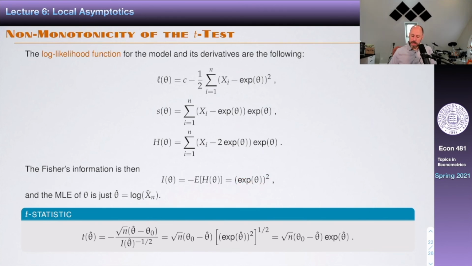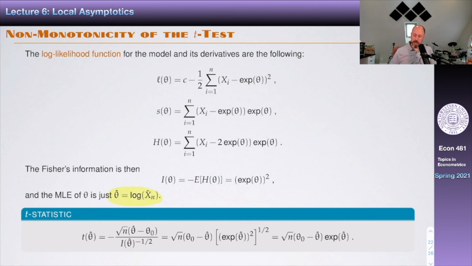And what's the MLE? The MLE will set the score to 0, so the MLE of theta is the log of the sample mean. All very standard. Now let me write the t-statistic, and notice how this is unusual, but I want to view the t-statistic as a function of the theta hat that you obtain. It is negative square root n times theta hat minus theta naught, divided by the square root of the Fisher information.